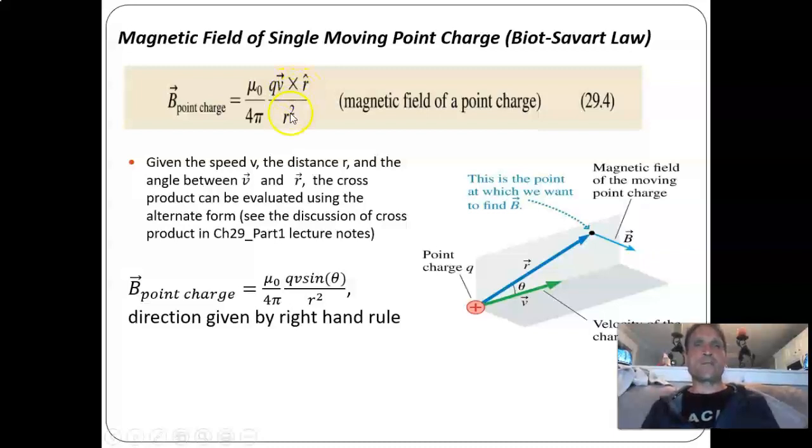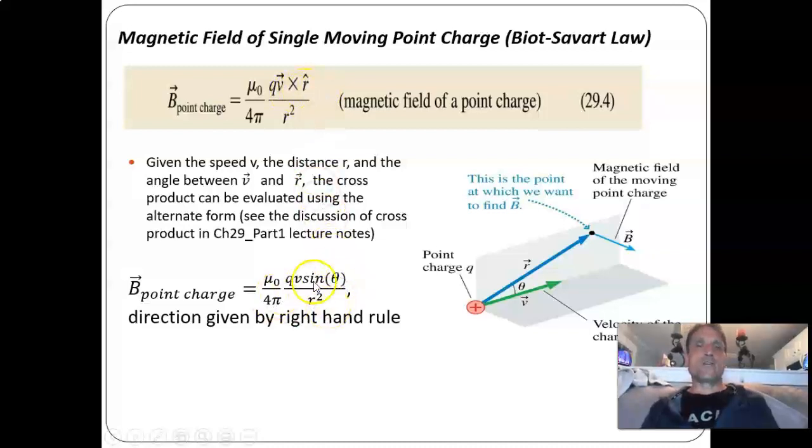Sometimes you may instead be given the speed of V along with its direction, and the distance r along with the direction, and the angle in between them, and then we can use this equation, which is the magnitude of the cross product: mu naught over 4 pi times the magnitude of q times the magnitude of v times the sine of theta in between over r squared.